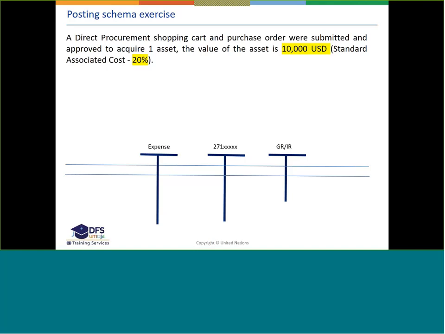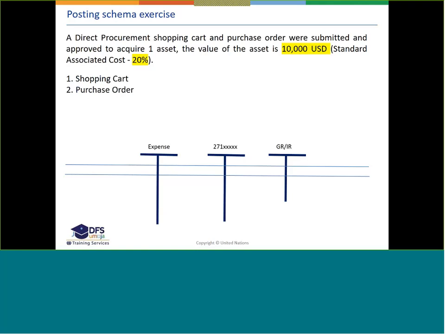If you can write on the chat what you think the posting schema would be when we are acquiring this asset. When we process the shopping cart, there is no impact. When we process the purchase order, there is no impact. So what would happen when the inventory manager posts the good receipt?